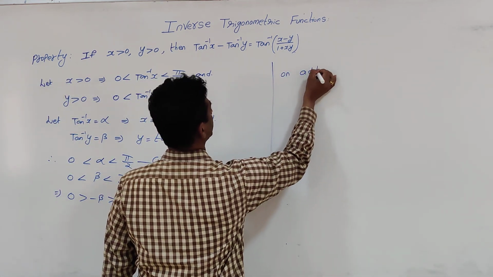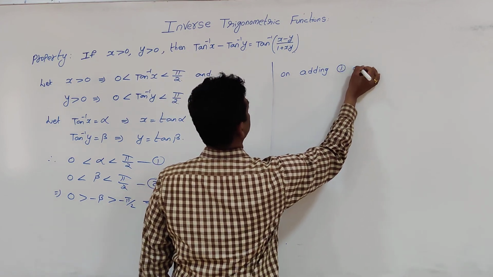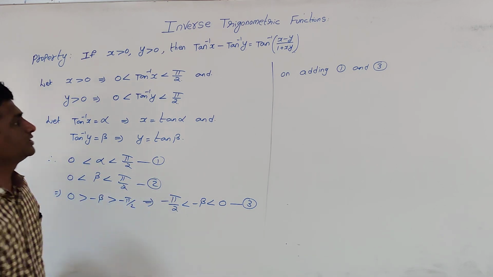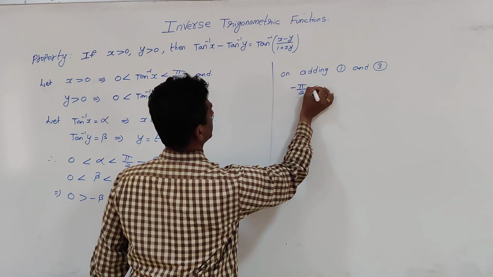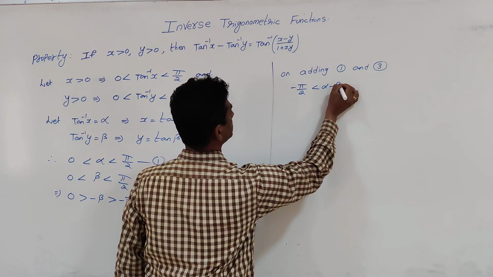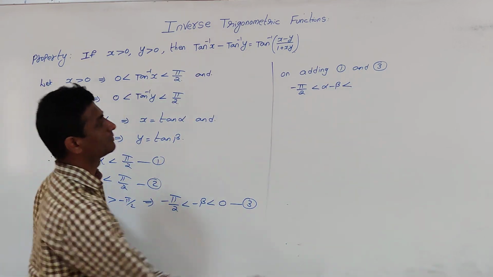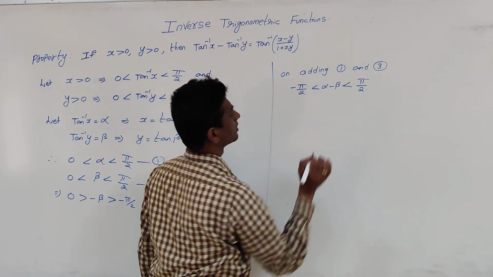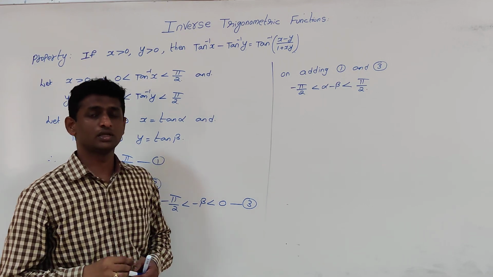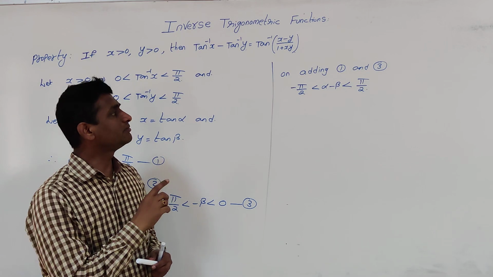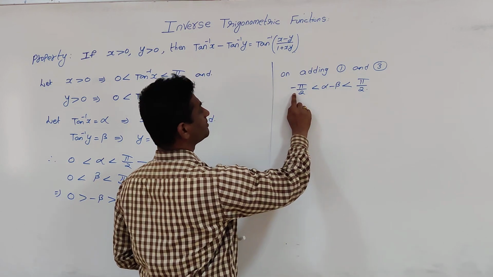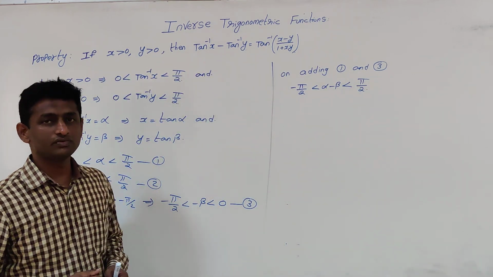On adding 1 and 3, 0 minus pi by 2 is minus pi by 2, less than alpha minus beta, less than pi by 2 plus 0, which is pi by 2. Means in order to find the inverse, tan inverse, the output should lie between minus pi by 2 to pi by 2. So if alpha minus beta lies between minus pi by 2 to pi by 2, then we can have the inverse.